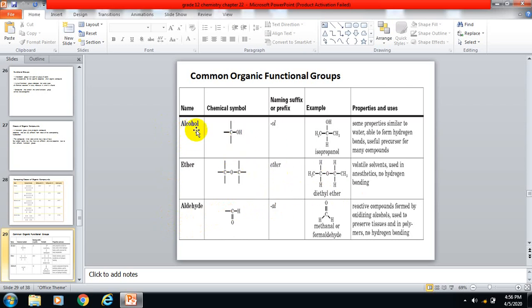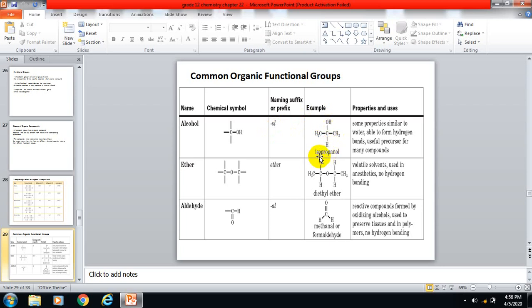Alcohol. This is the chemical symbol: OH must be attached. Name suffix: OL, like methanol. Methane, A-N-E replaced by OL, so methanol. Example: look at 1, 2, 3, propane.